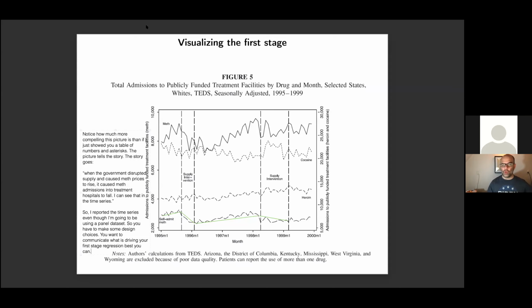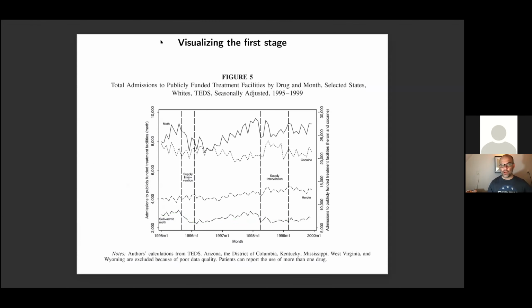All right, so what I did was I had a couple of things in this that I'm trying to show them, which is that notice, meth was rising, then it falls, meth was rising, then it kind of flattens. You see it more sparkly here in the self-admits. It's much weaker here, right? You see nothing for heroin. You see a little something for cocaine.